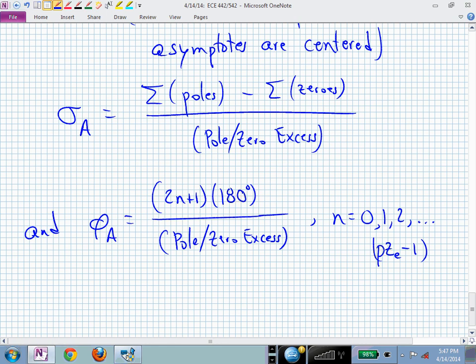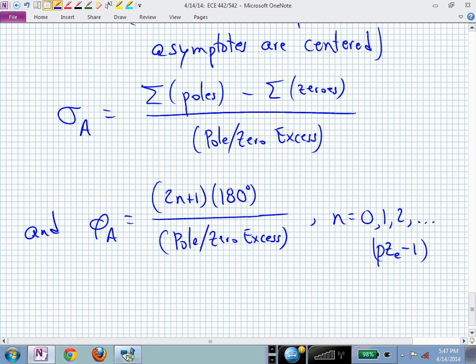60, 180, 300 if your pole zero excess is 3. If your pole zero excess is 2, it's 90 and 270. If your pole zero excess is 4, now your fundamental angle is 180 divided by 4, or 90 divided by 2, or 45.